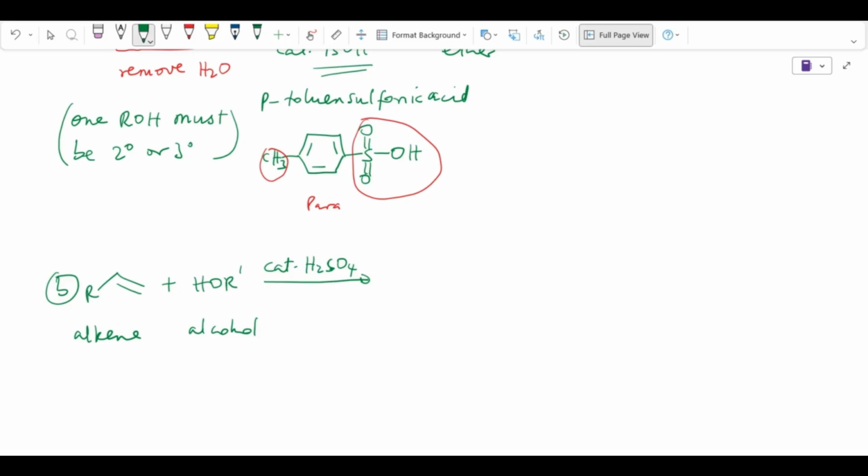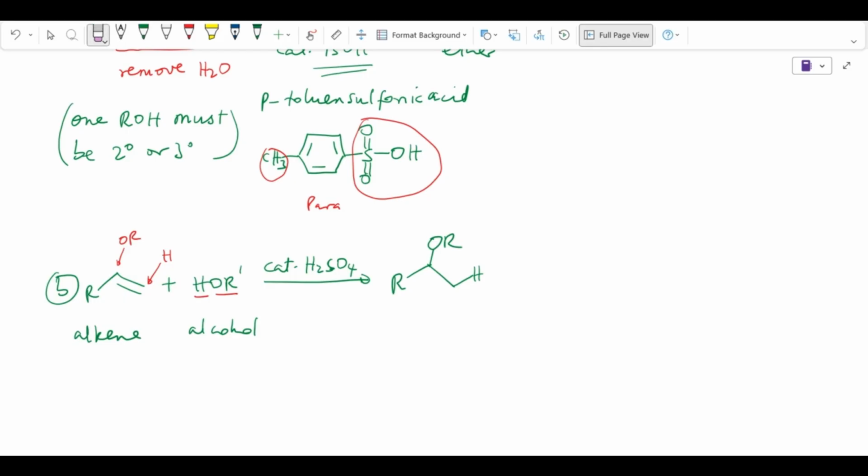In this case, there are two groups, the hydrogen and the OR group. The hydrogen will add to the less substituted carbon of the alkene, and the OR group will add to the more substituted carbon of the alkene. This follows Markovnikov addition. In other words, you break the pi bond of the alkene and add hydrogen to the less substituted carbon, and OR to the more substituted carbon.